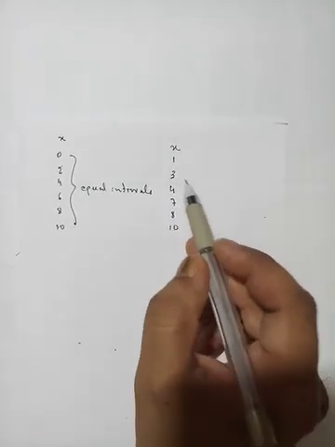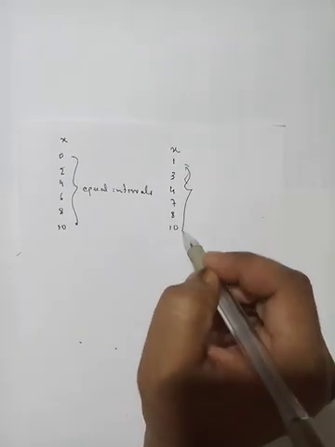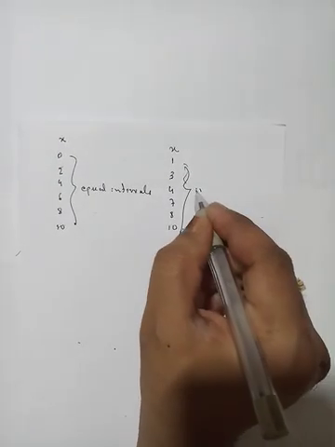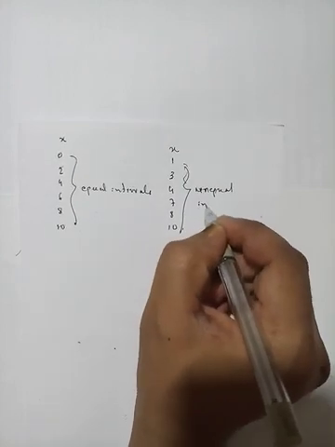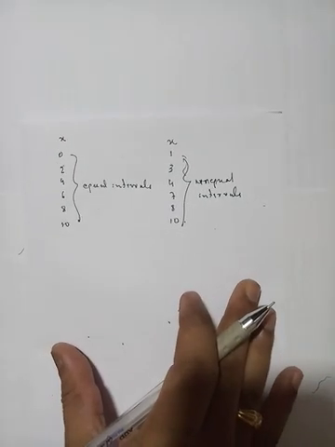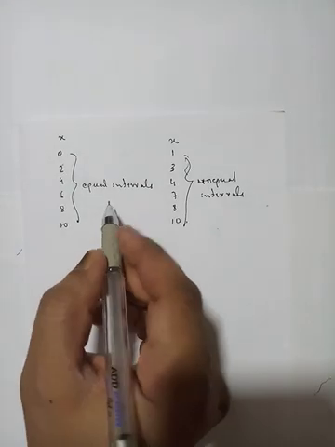So the differences are distributed unequally. This is called unequal intervals.